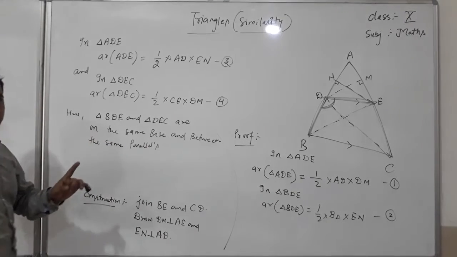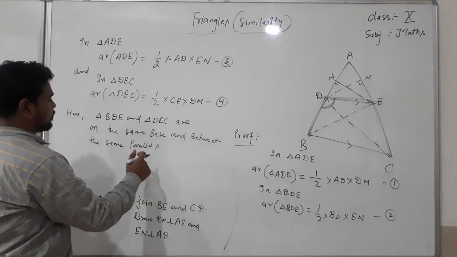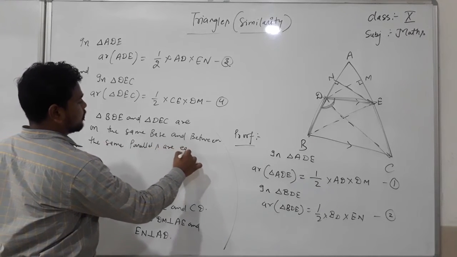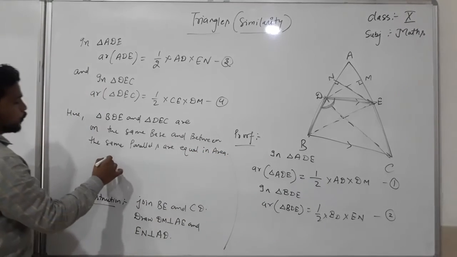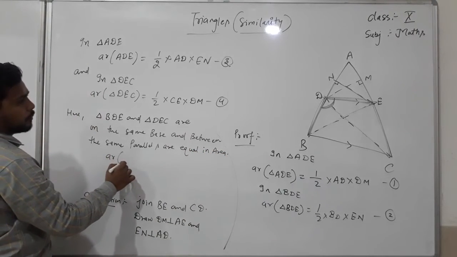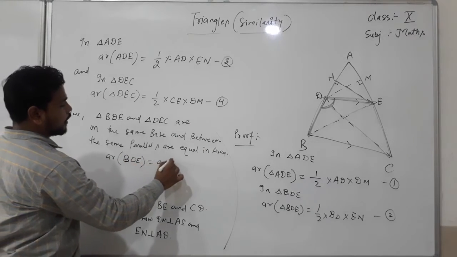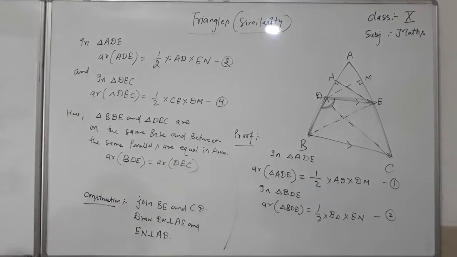Triangles on the same base and between the same parallels are equal in area. So area of triangle BDE and area of triangle DEC, both the triangles will be equal.